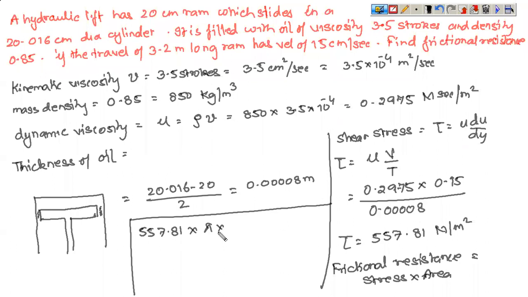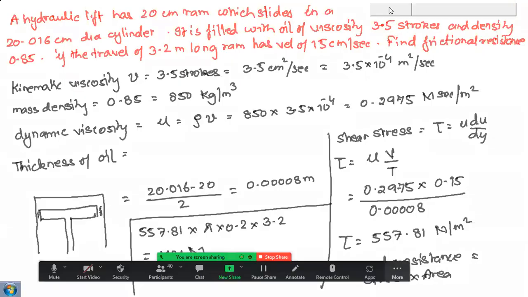So this is pi into 0.2 into length is 3.2. So this is equal to 1121 Newton. So this is your frictional resistance that will be offered by the fluid.